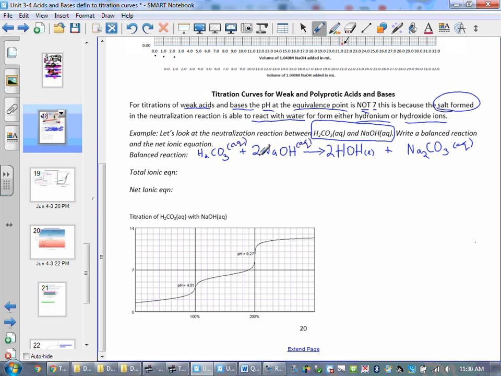So now we need to break up the ones that are aqueous. Remember, our weak acids and bases we don't break up. This is a weak electrolyte, so it's going to stay as a whole molecule.